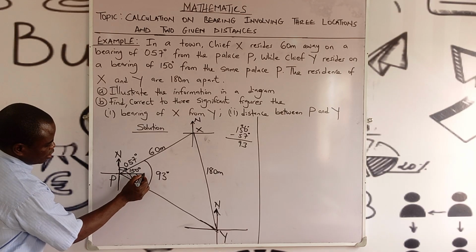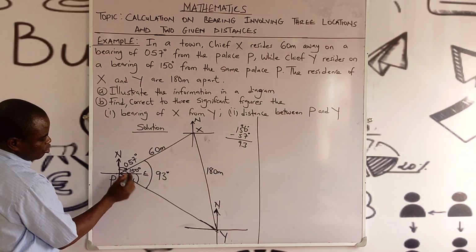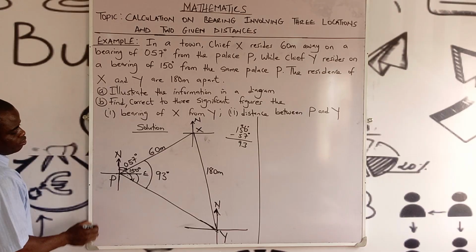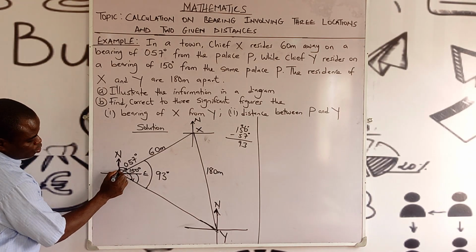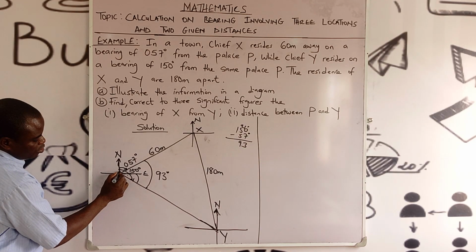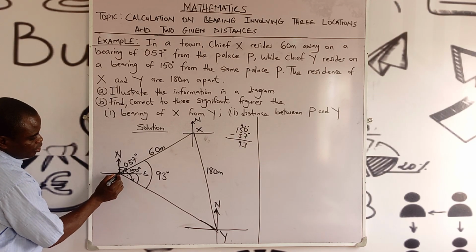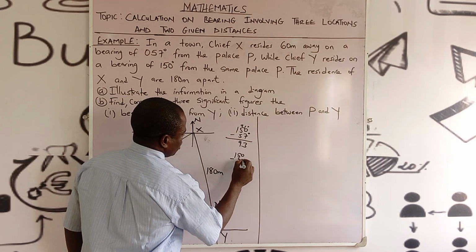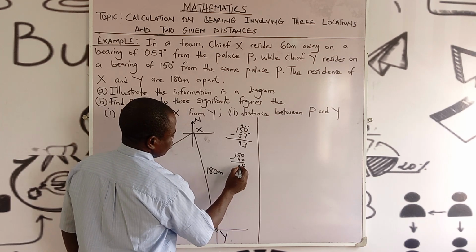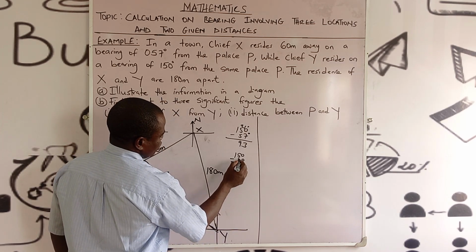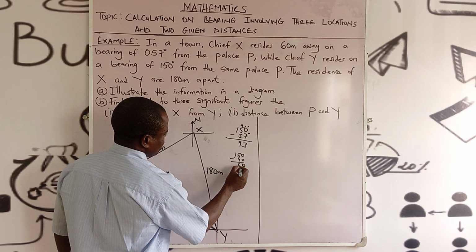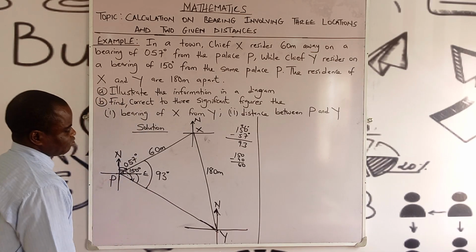Since north and east are 90 degrees, remove 90 from 150. 150 minus 90, 0 minus 0 is 0, 15 minus 9 is 6.